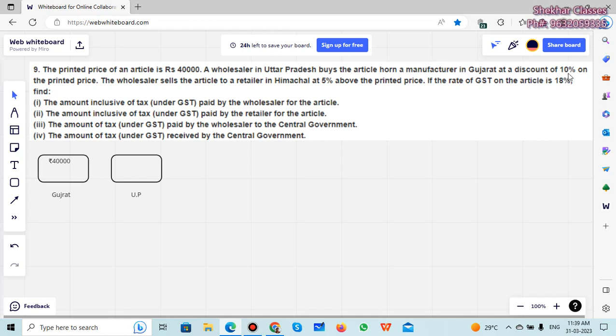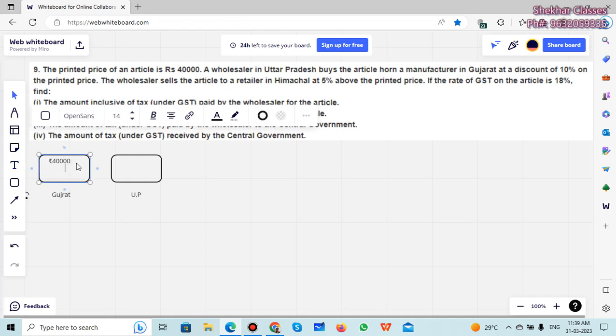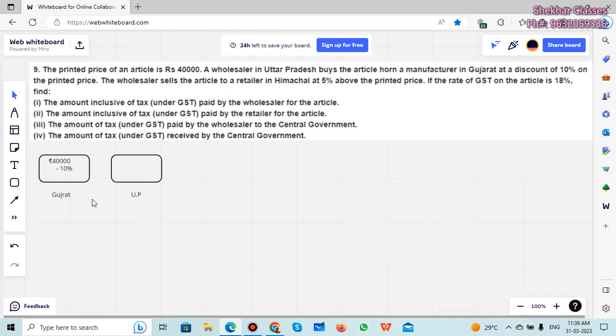And he buys it at a discount of 10% on the printed price. So we have to subtract a 10% discount from it, right? So we write minus discount here, and the discount is 10%. After that, the wholesaler sells the article to the retailer.